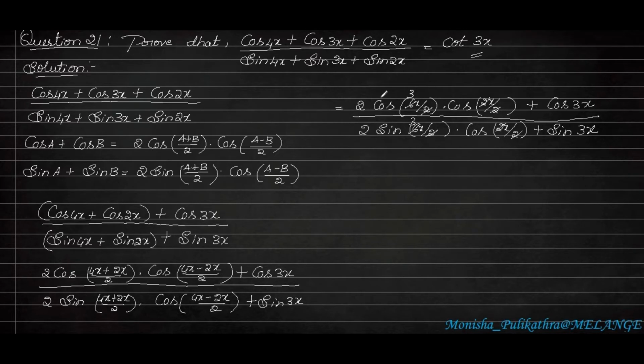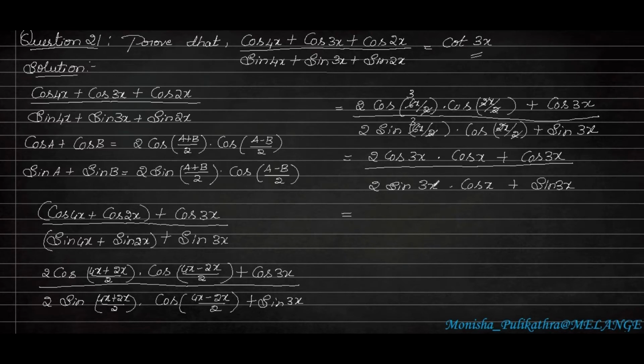Since a plus symbol is there, we can't cancel anything across it. So let us write 2 cos 3x into cos x plus cos 3x, the whole divided by 2 sin 3x into cos x plus sin 3x.